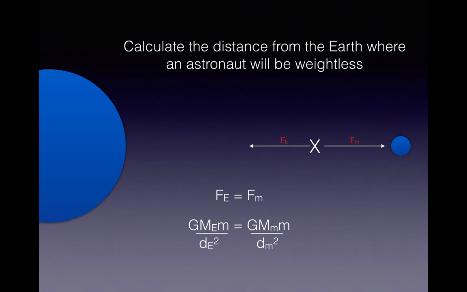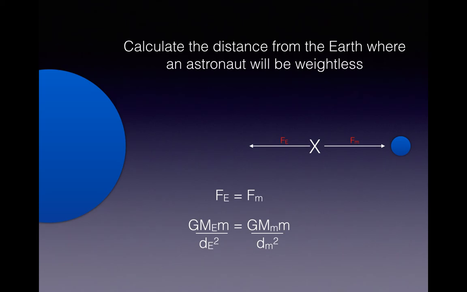The small m is the mass of the person in each case, and that will cancel. G is a constant in each case, they'll cancel. And when they do, we'll be left with the mass of the Earth over however far the person is from the centre of the Earth squared, so that's the dE squared, equals the mass of the moon all over however far the person is from the centre of the moon squared.